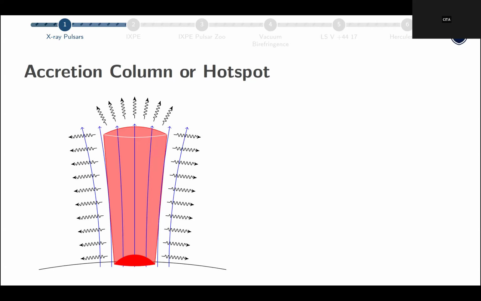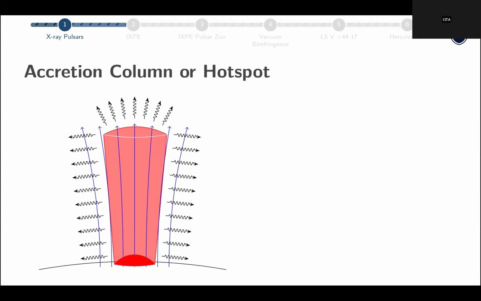Now, I've shown this in a certain way, which is sort of at the level of what our models are like for these accretion columns. At the bottom, it's sufficiently dense that it's optically thick, and that's basically where the photons are generated by Bremsstrahlung, more or less. And then you have this sort of translucent tube, and the photons bounce around in here many, many, many times before they escape out the side of the tube or the top.